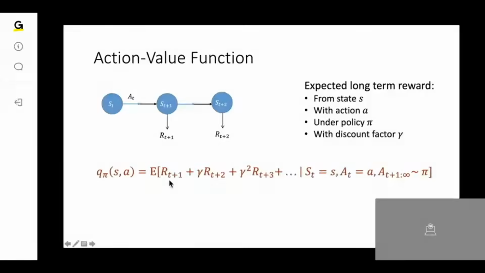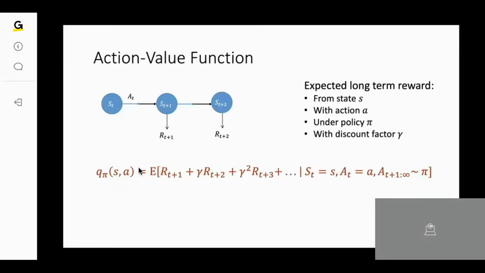Mathematically, it is defined as the expected sum of discounted long-term reward starting from state S, taking an action A, and following a policy pi thereafter. So the first action is fixed, and then it has to follow the policy pi. And of course, the discount factor is also fixed.